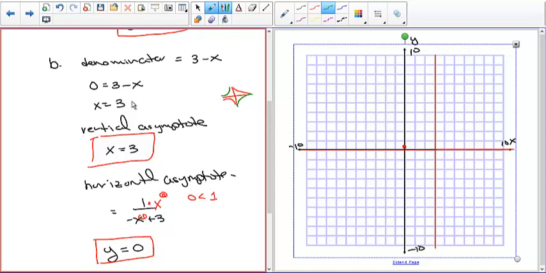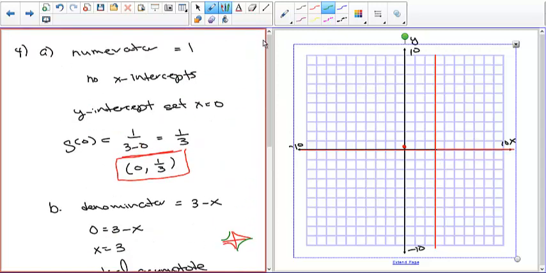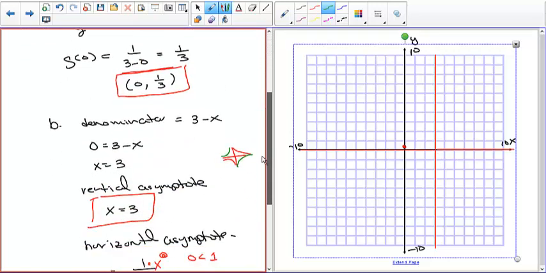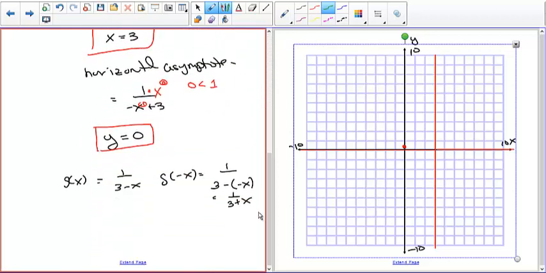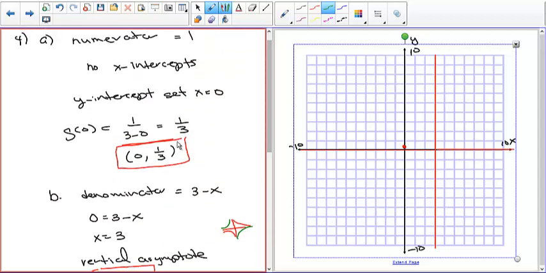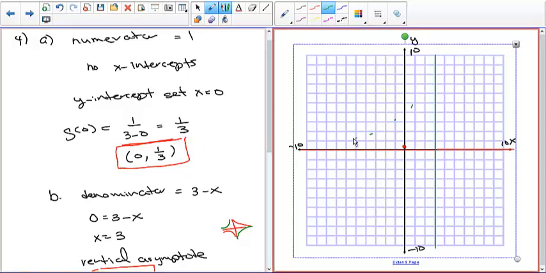And because there's a negative sign in the original function, 1 over 3 minus x, you expect it to be flipped around. So it's going to be the green one, something like this, something like that.